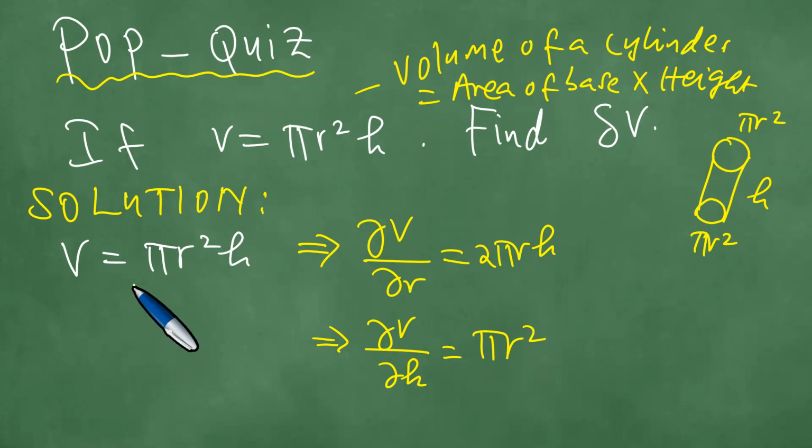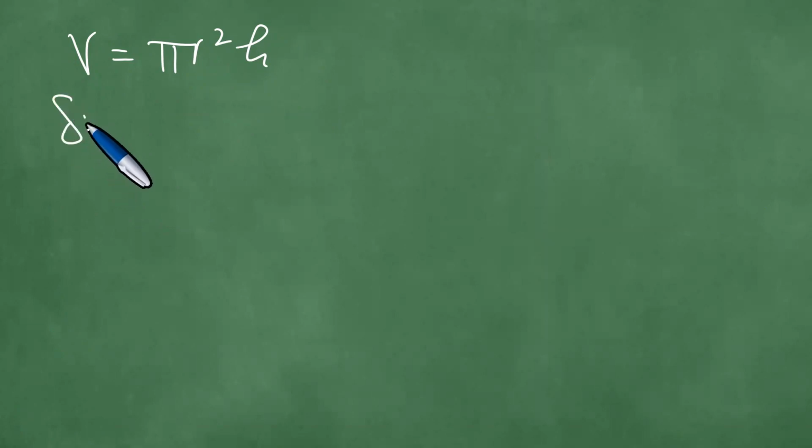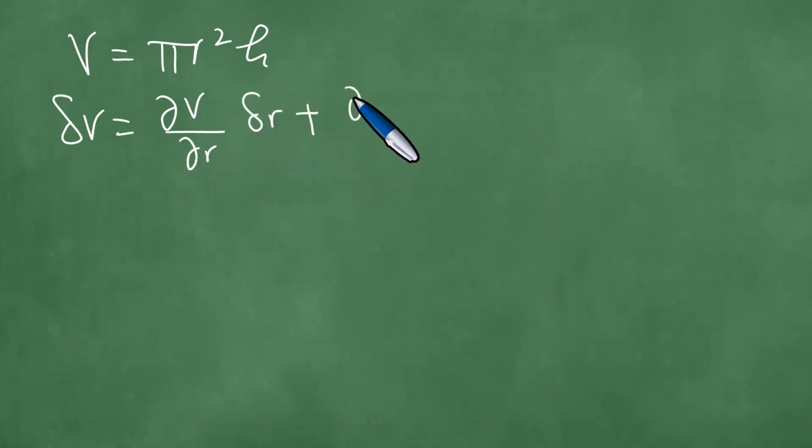Meaning if you have been given V to be pi r squared h, then we can find the small change in V, which is what I was interested in. The small change in V, and I'm going to speak about this in detail tomorrow, is the partial derivative of V with respect to r times the small change in r, plus the partial derivative of V with respect to h times the small change in h.